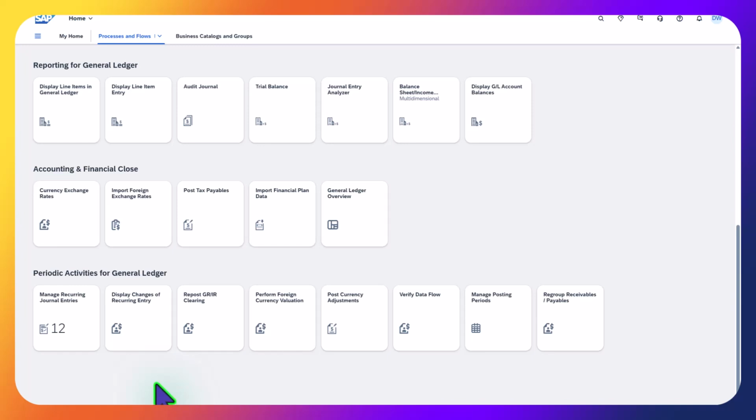That's very important, and we are going to look at some of those periodic activities that the general ledger accountant would be happy to know that SAP S/4HANA provides. So this is the scope of our training.